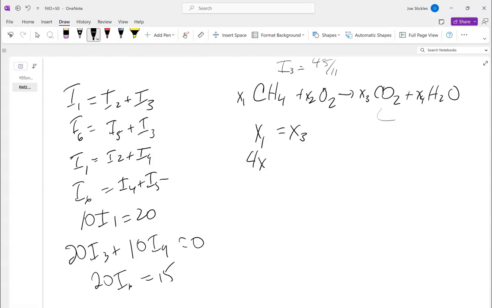How many hydrogen atoms on the right-hand side? 2x4. Those have to be equal, right? We can't gain or lose atoms, so they have to be the same on both sides. Finally, how many oxygen atoms on the left-hand side? 2x2. On the right-hand side? Good. Those all have to be equal. There's our system of equations to solve.